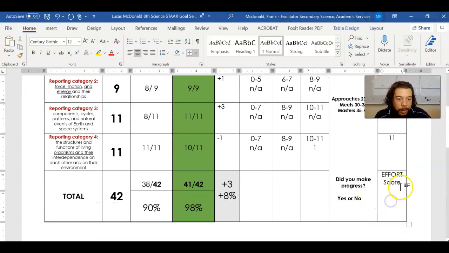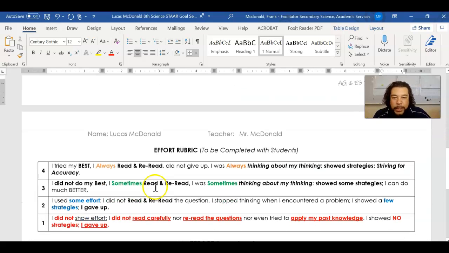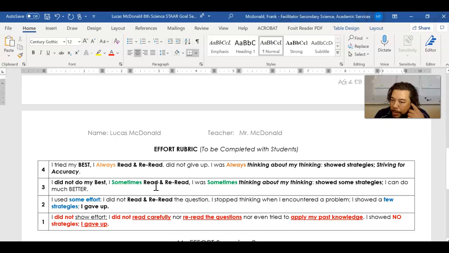We can come back up here, and we want to fill in the 3 here. But this is a great piece to get the kids thinking, okay, so you see your results, but what did you do? And how much effort did you put forth, especially in circumstances where they are potentially taking it online, they're at home, there are other distractions. So this could be a little bit of a wake-up call.